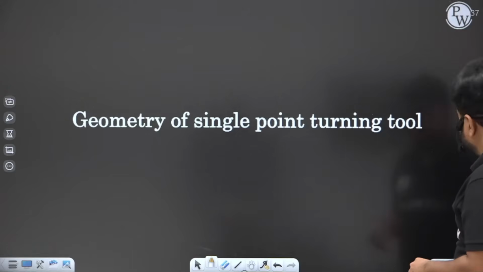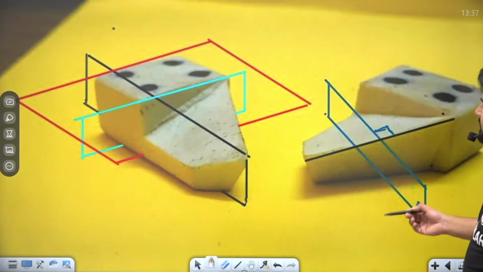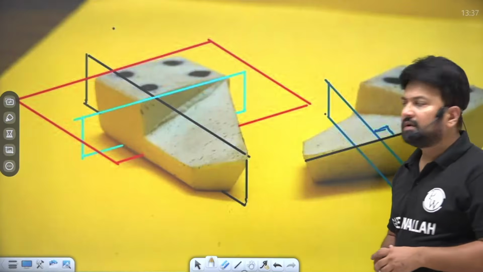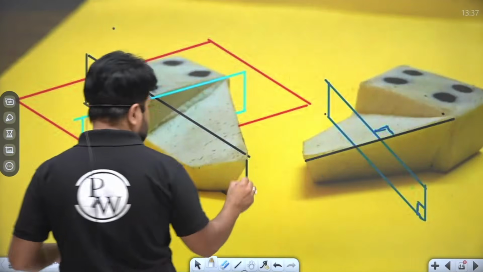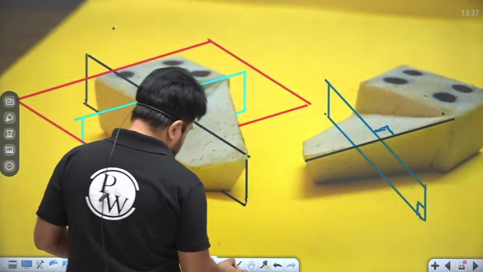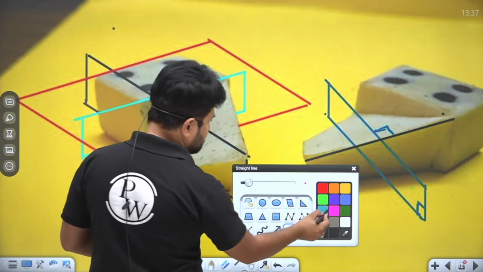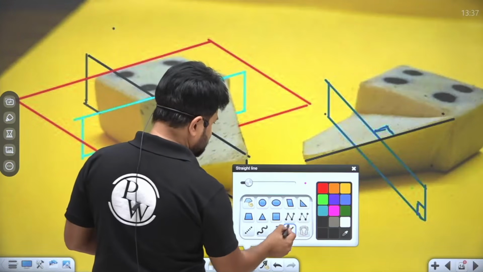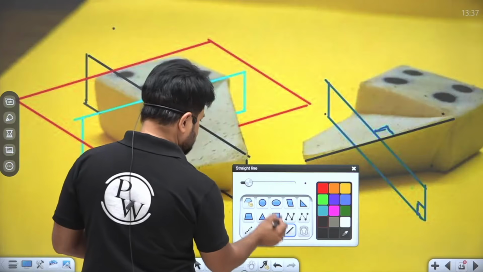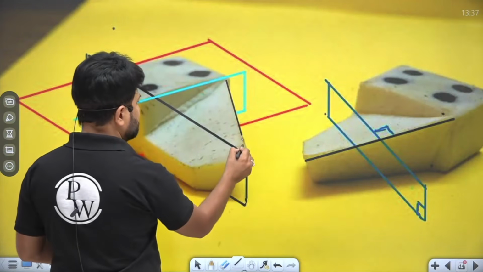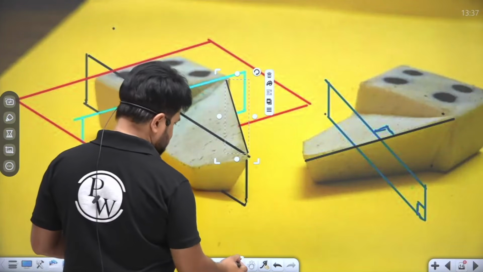As you can see, this is a single point turning tool. This is the cutting edge, the main cutting edge. This is called the side cutting edge, or sometimes we call it the principal cutting edge.